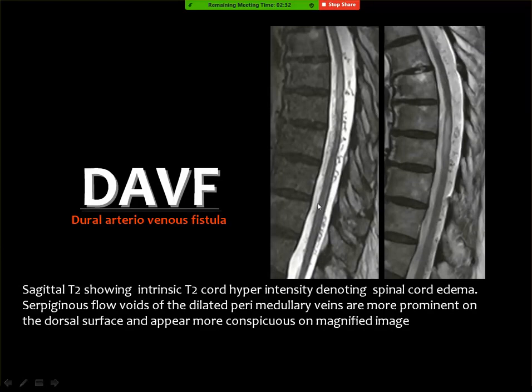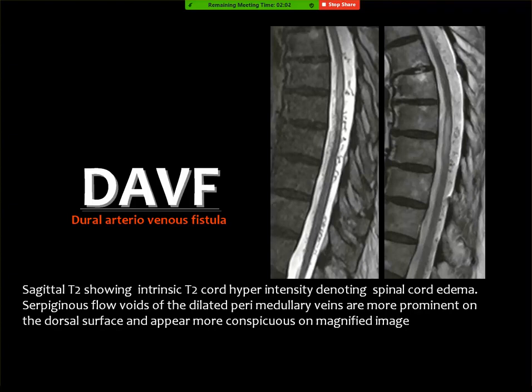And this is another example, which is easily overlooked in the clinical practice. You see many vessels in the subdural space, and you look for the cord, and you can see abnormal signal. And I have seen a case in the clinical practice with a young adult presenting with acute paraplegia and loss of urine and fecal control.